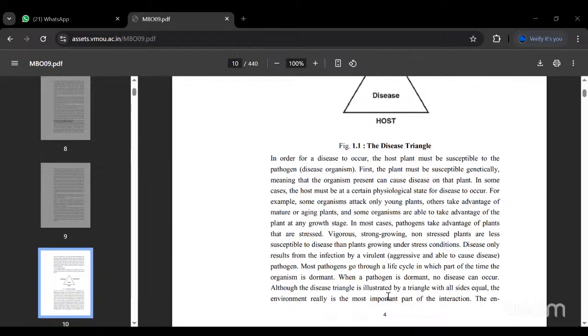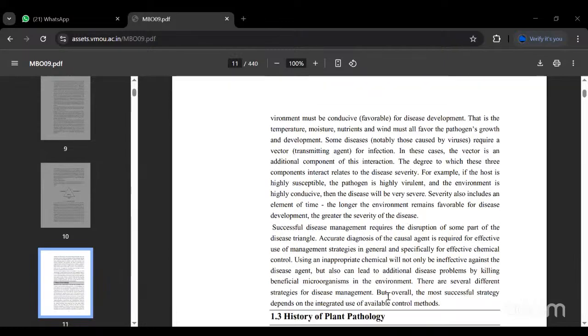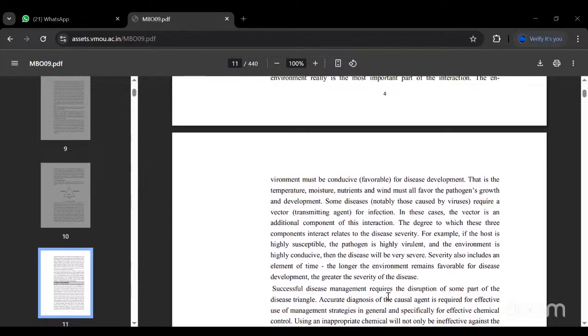Although the disease triangle is illustrated by a triangle with all sides equal, the environment really is the most important part of the interaction, providing the most favorable conditions for disease development.